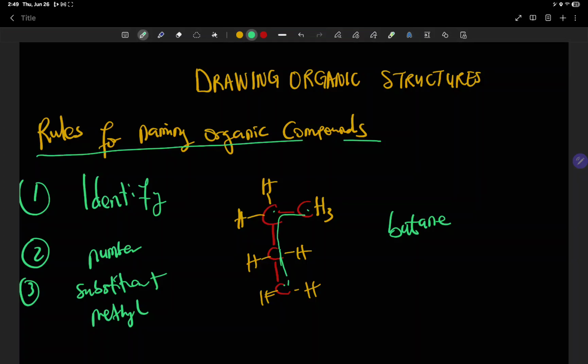So for me, I personally think that the first rule, which is knowing the longest carbon chain, is what I consider the golden rule. When you are able to identify your longest carbon chain, you are likely not going to be wrong with naming your structure.